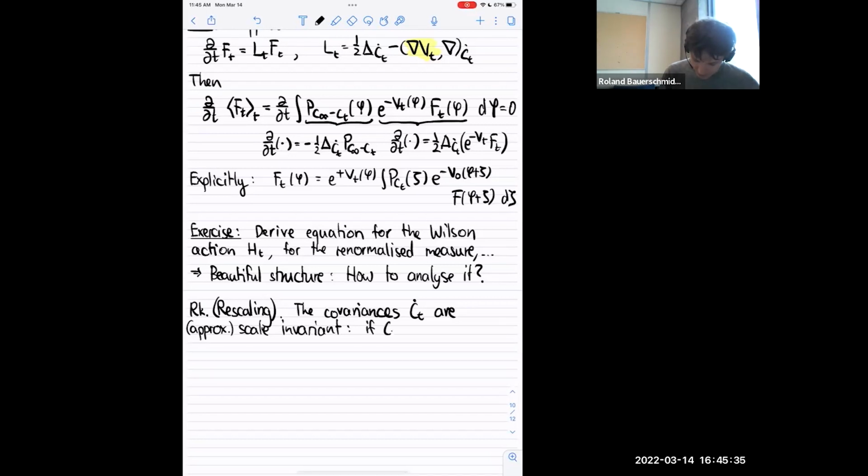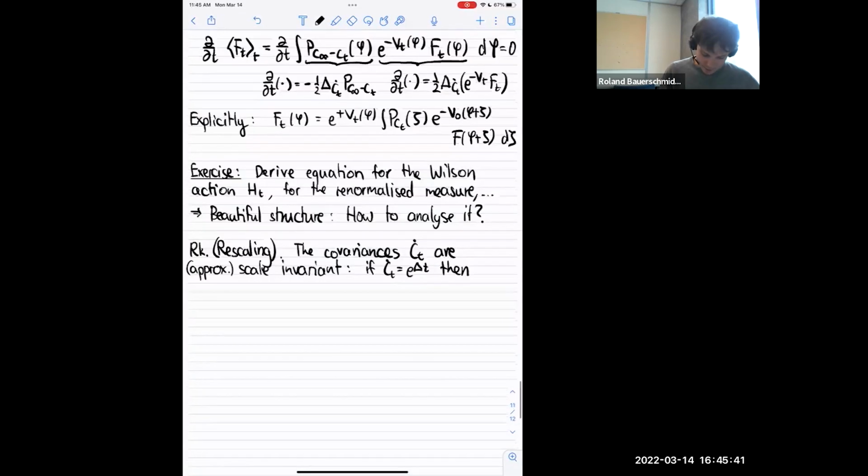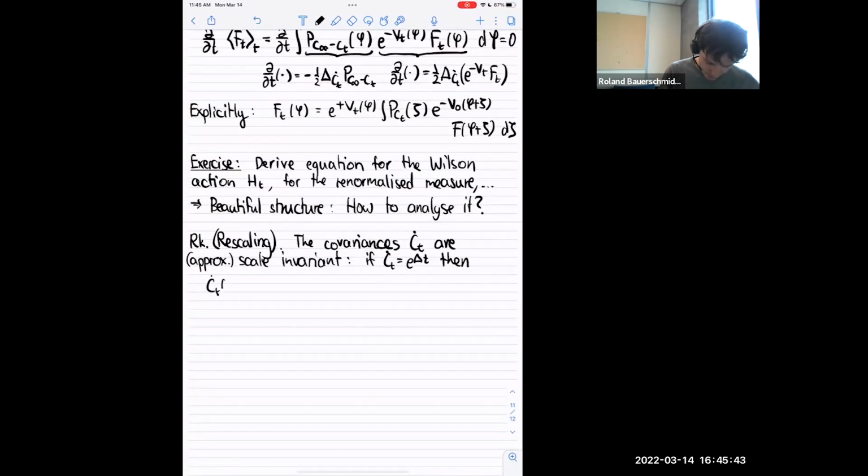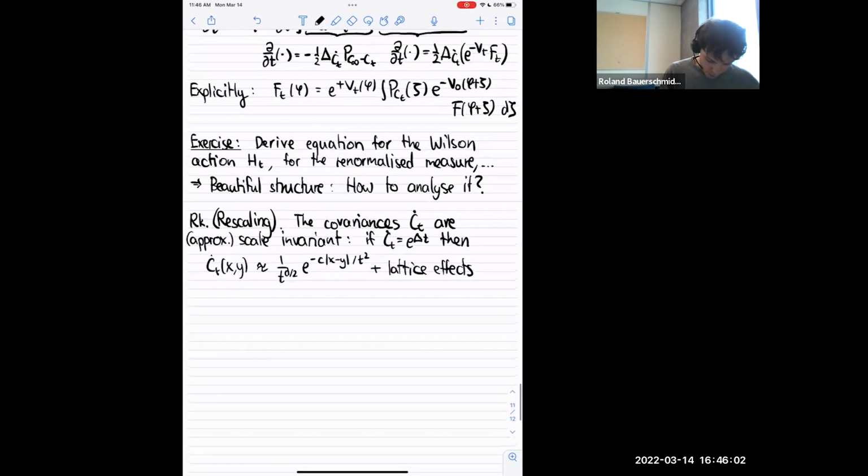If, say, C_t dot is the heat kernel, then C_t dot(x,y) is roughly speaking something like this. Roughly speaking, a heat kernel. So you can rescale.